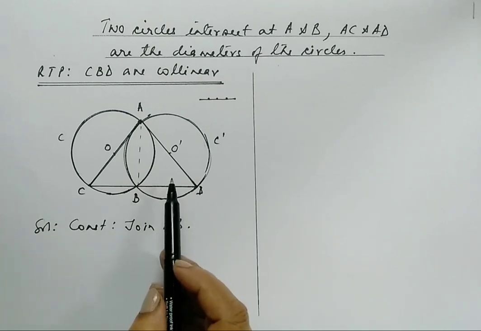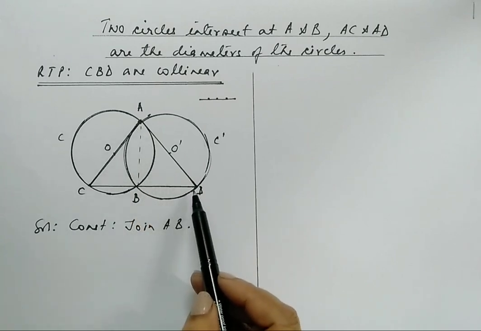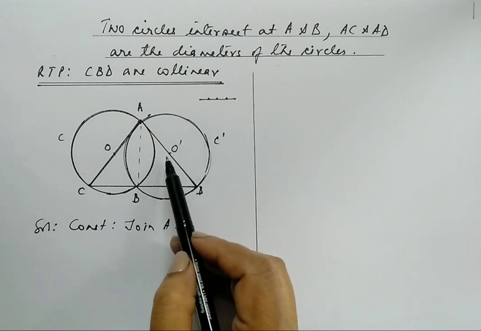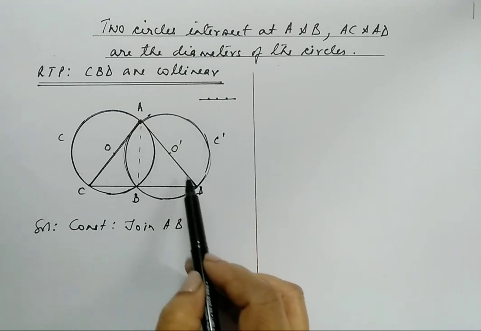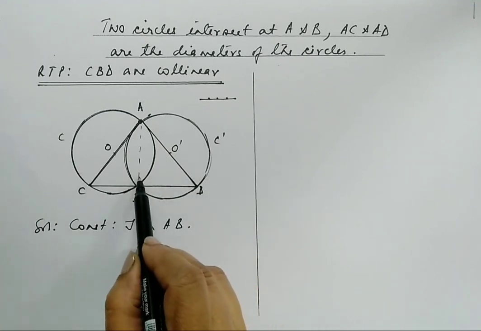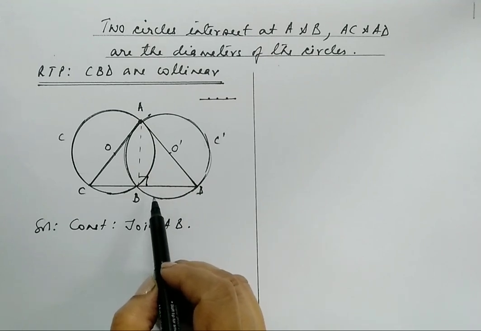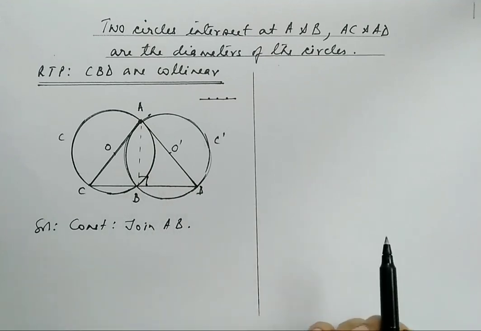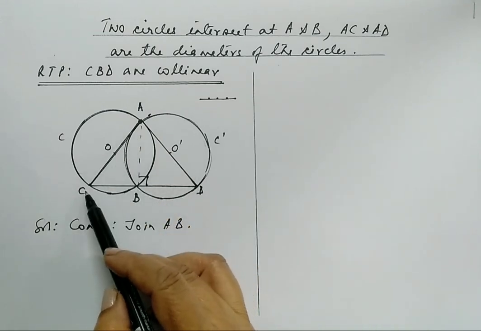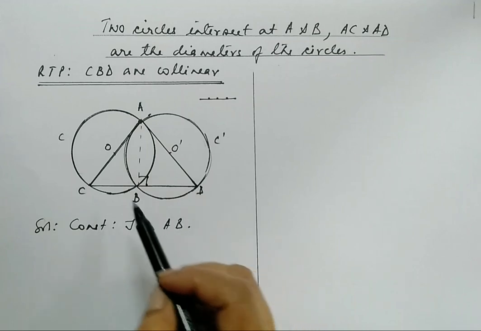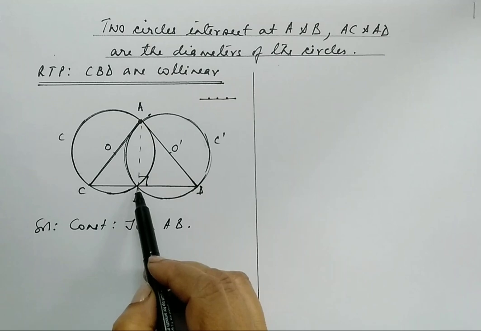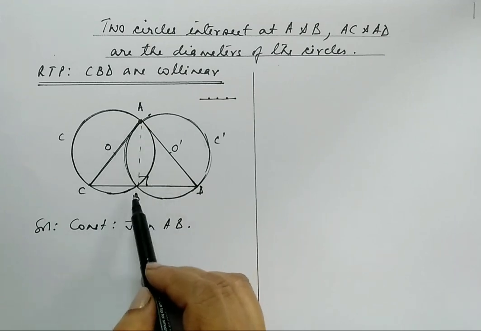Since this is the diameter, and in this circle an angle is subtended by means of the semicircle, the angle made is always equal to 90 degrees. Similarly, in this, AC is the diameter and B is the point where it touches the circumference.